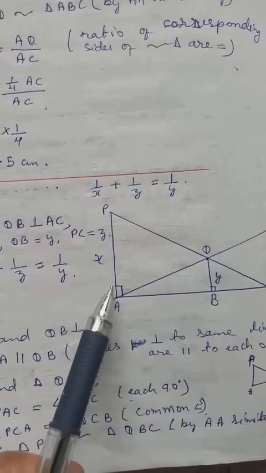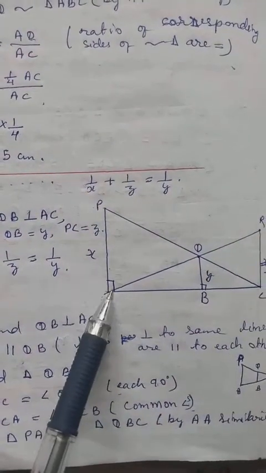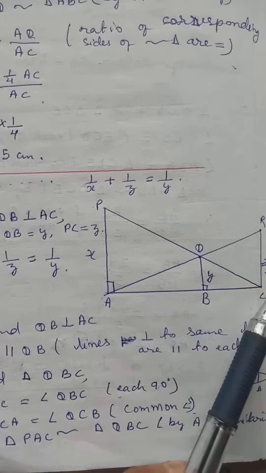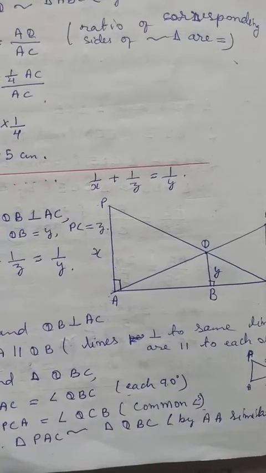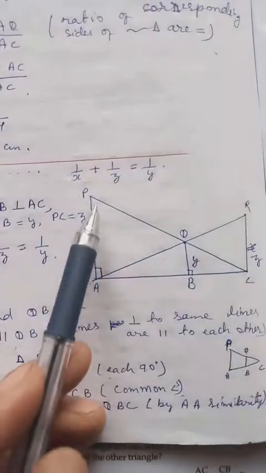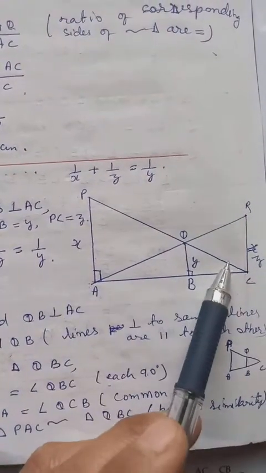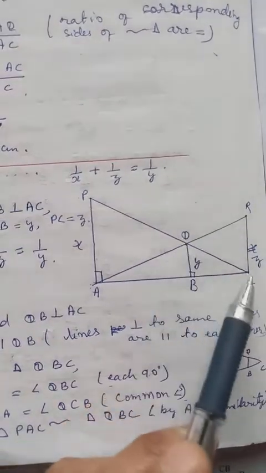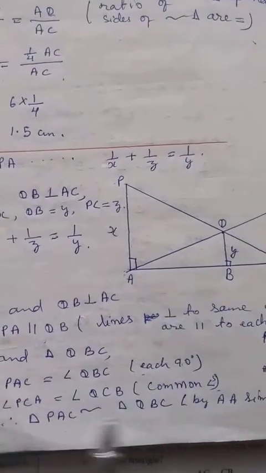Then we get angle PAC is 90 degrees and angle QBC is 90 degrees, so they are equal. Then angle PCA and angle QCB are the same, a common angle, so they are equal.